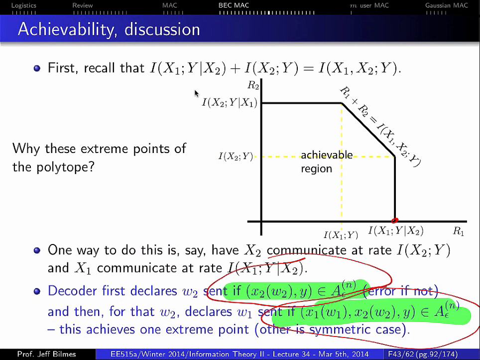But whichever one you decode first, you get the maximum rate on that for that guy. Right? So if you decode x2 first, that puts you as far up as you can go, which is I(x2; y).